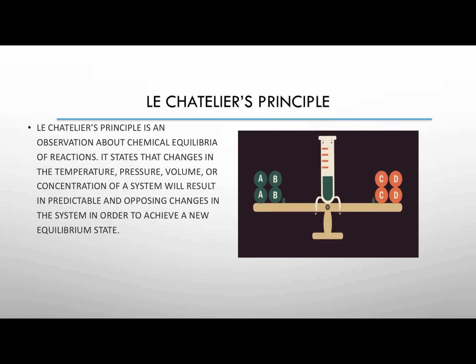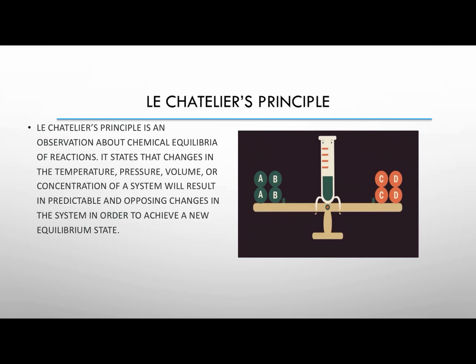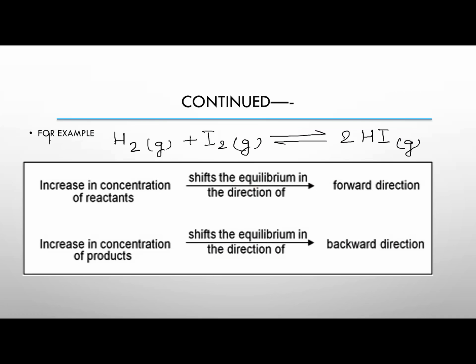If the concentration of any one of the reactants is increased, then the equilibrium shifts in the forward direction, and vice versa. In the reaction, hydrogen reacts with iodine to form hydrogen iodide, and this is a reversible reaction.